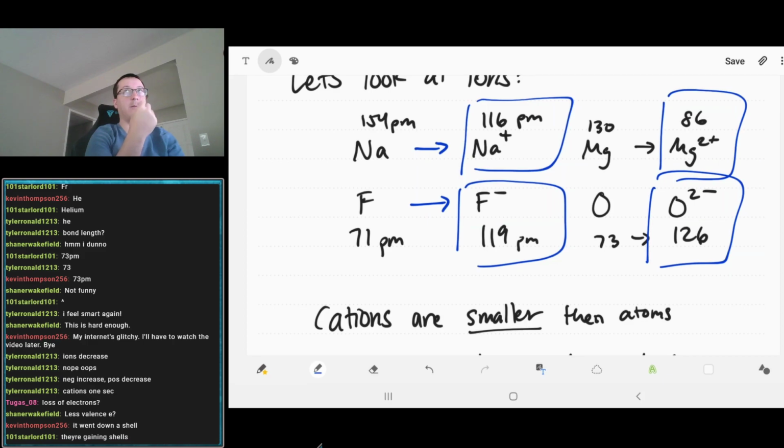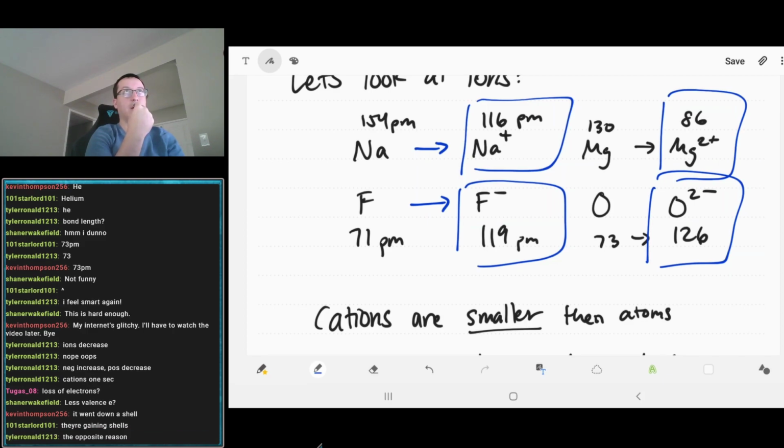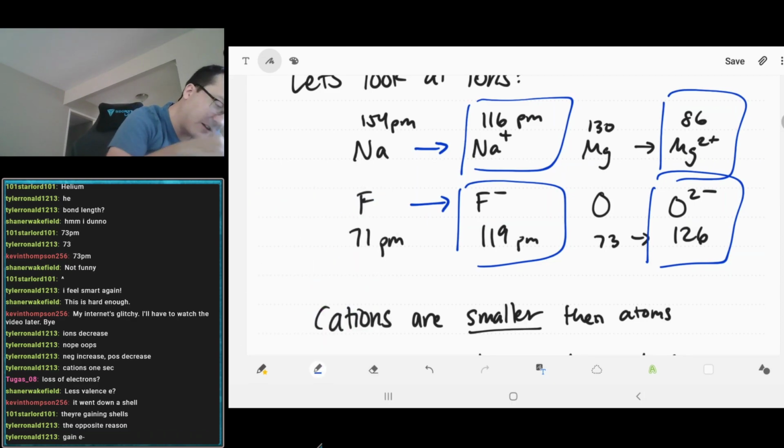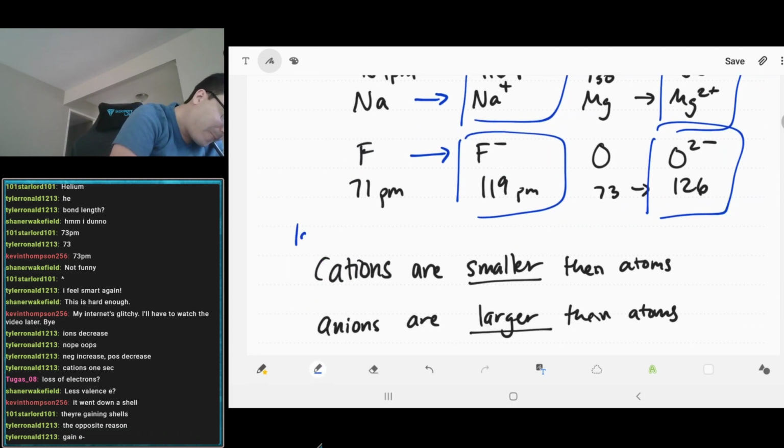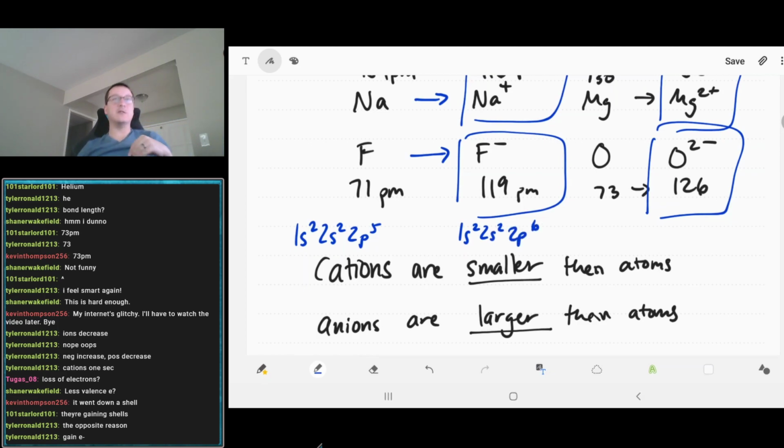I mean, that could be a possibility, but that's not necessarily what's happening in this case. So let's take a minute. Let's look at the electron configuration here. We're not quite losing a shell, but yes, we're gaining electrons, right?